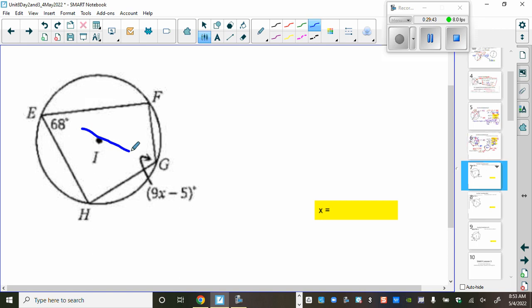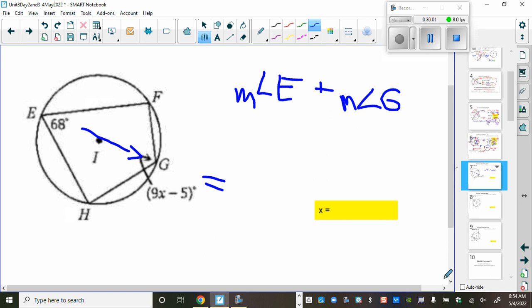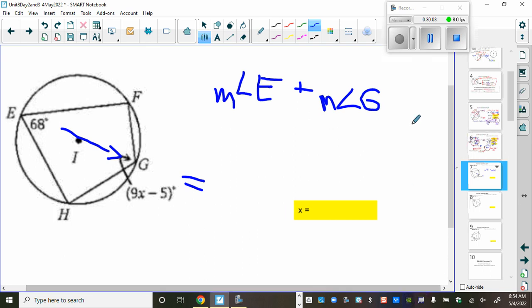Opposite angles of a quadrilateral, they must add up to how many degrees again? So this angle, angle E, plus angle G must add up to how many degrees? Again, because you're going to need this for your test, maybe your final as well. And yes, you do have a final in this class. So the two have to add up to 180.